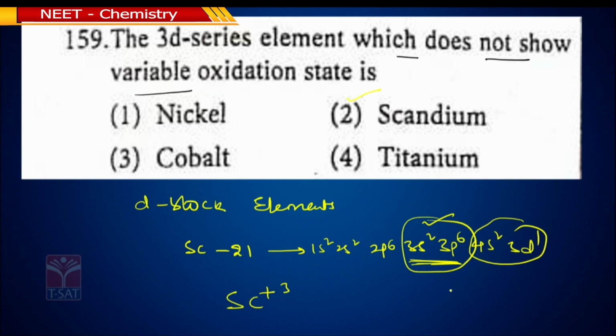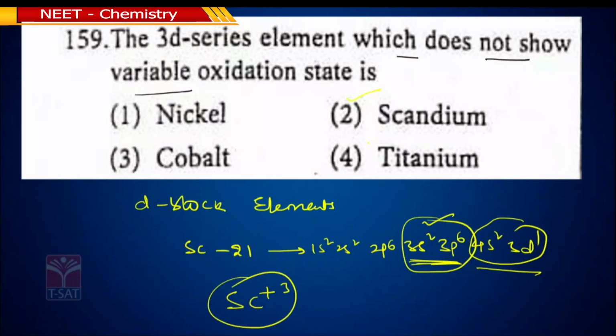That is why it shows only the single oxidation state, +3. It will not show multiple oxidation states like other elements of the d block, which show multiple oxidation states for their stability, right. So option 2 is the correct answer for this question.